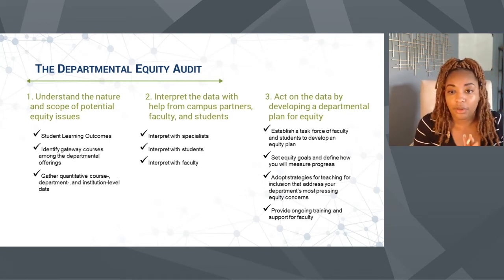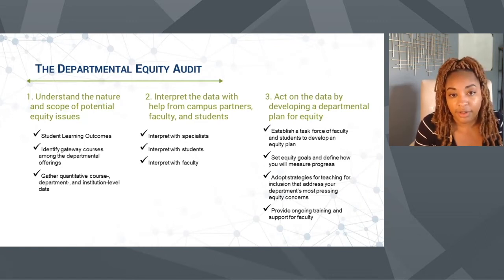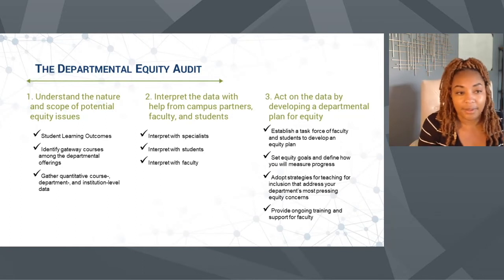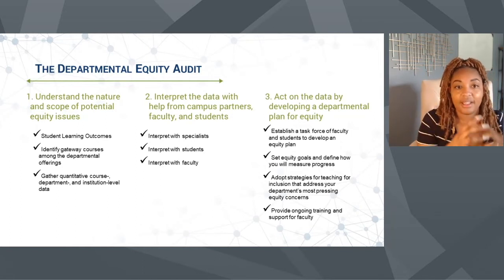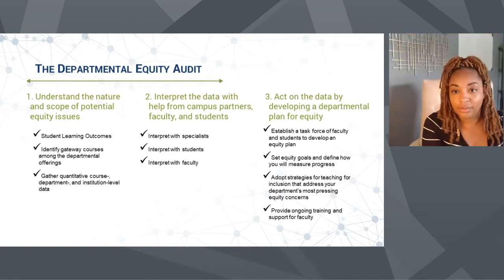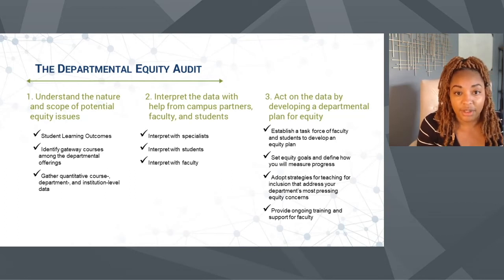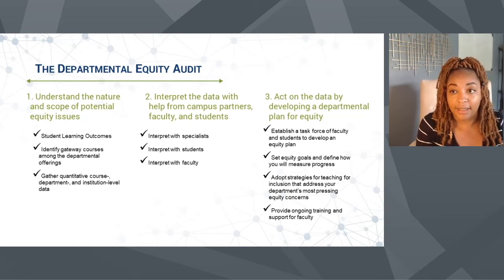And so, third step, of course, is to build that plan, establish a task force to develop the plan for departmental equity. We can't just stop with gathering the data and interpreting the data. And so to do that, first, it's important to set equity goals and define how you're going to measure progress.